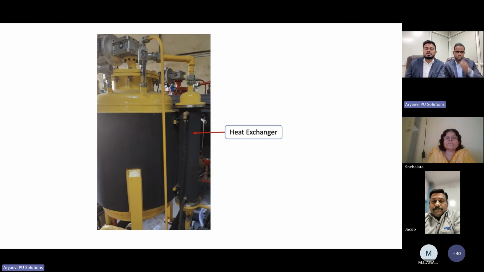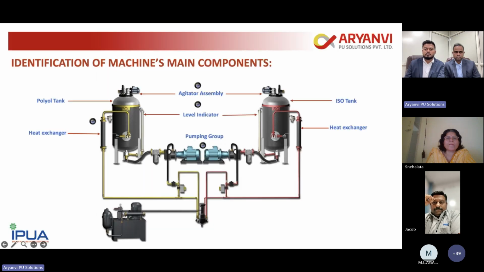So this heat exchanger helps to condition and maintain the temperature of both chemicals during the summer or the winter season. We'll also see the detailed working process and the temperature control system in our next slide.